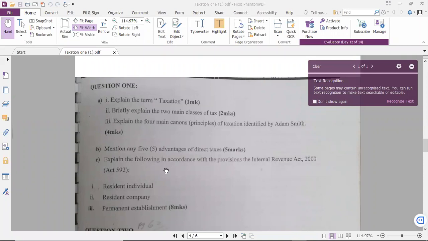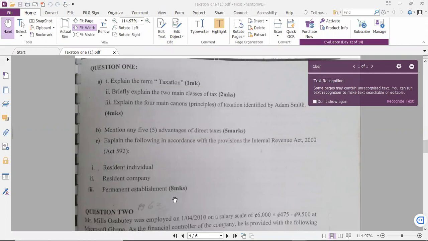Nobody has also sent me any solution in connection with what they have found out. It is still pending for you to go and look out for who a resident individual is, what a resident company is, and what a permanent establishment is.